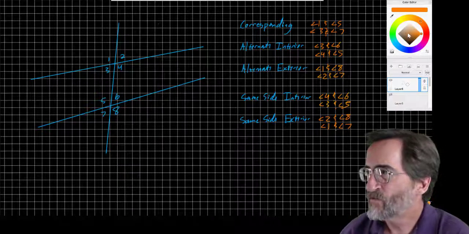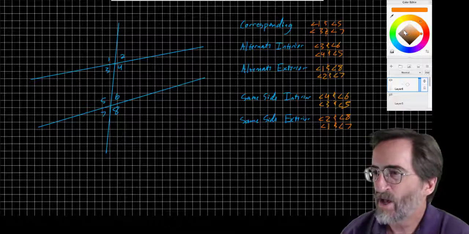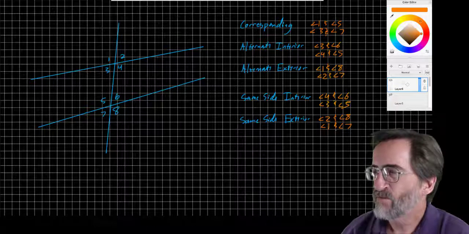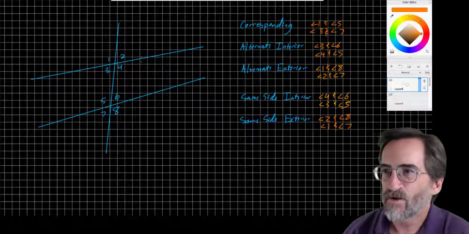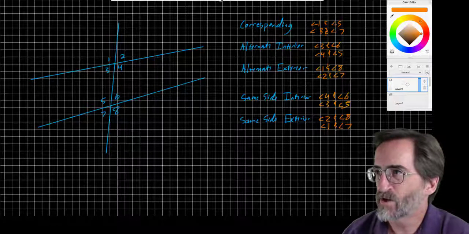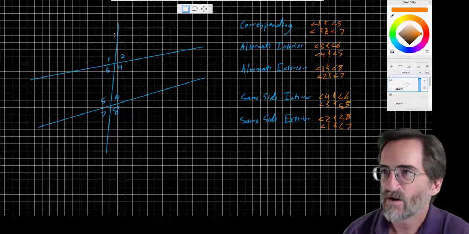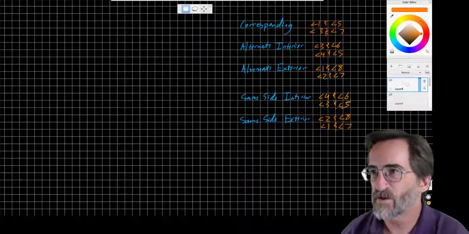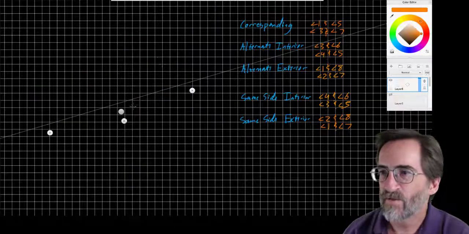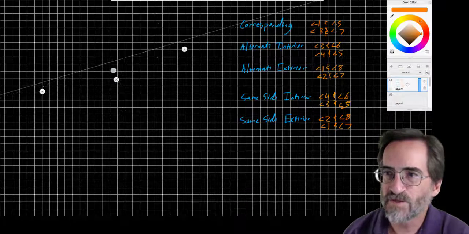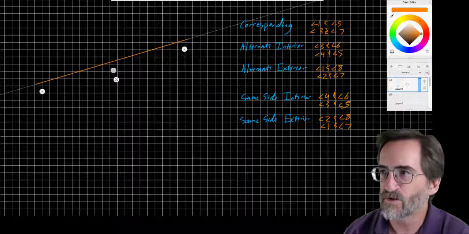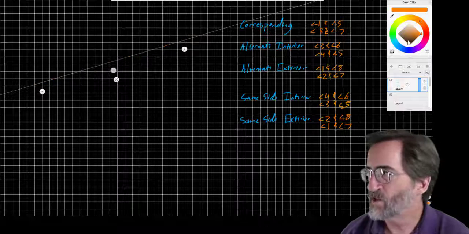Now what if the lines are parallel? We're going to answer that question here. So let's redraw this so that the lines are parallel. And there are some rules, we call them postulates because we take them without proof.